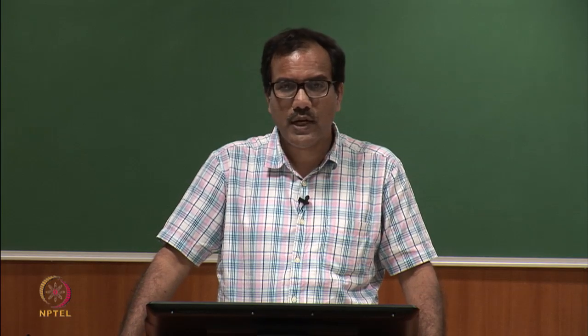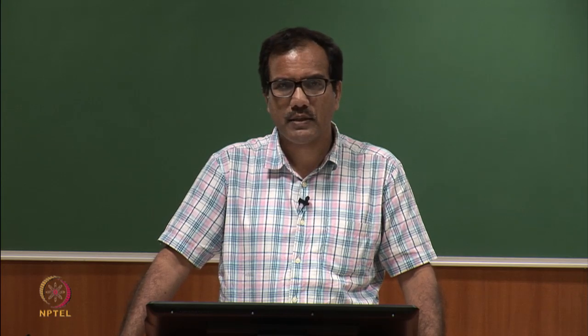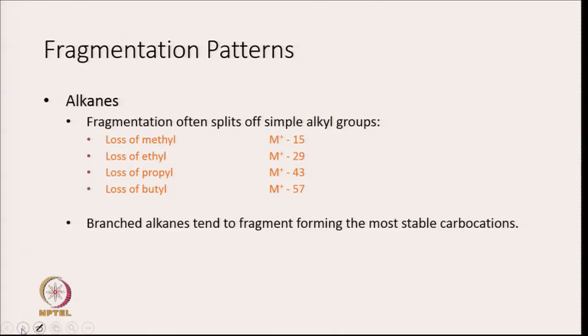If you look at the mass spectrum of an alkane, the fragmentation often splits off a simple alkyl group. For example, there can be loss of a methyl group, loss of an ethyl group, loss of a propyl group, and loss of a butyl group. So, the peaks will be obtained at the molecular weight minus 15, M plus minus 29, M plus minus 43, and M plus minus 57.